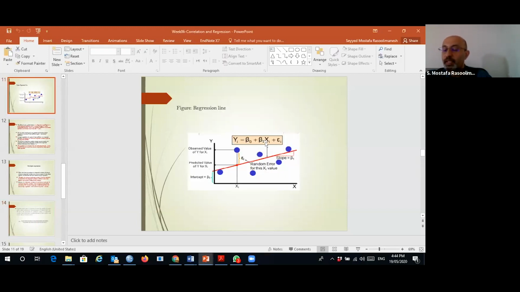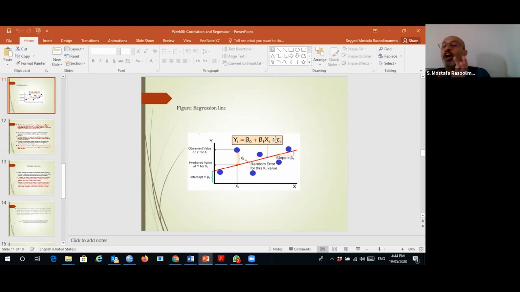Here, we calculate the variance of y, the real y. But some part of this variance comes from this x, based on this regression line. And some part of the variance of y comes from this error.